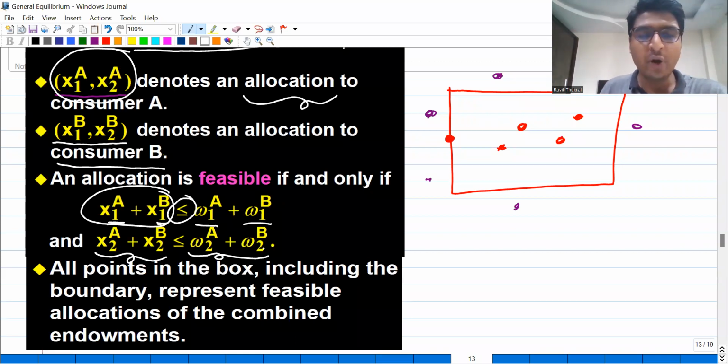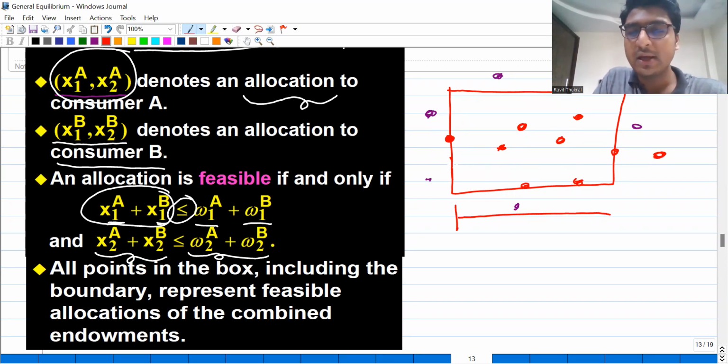Okay, so any point inside or on this Edgeworth box is feasible. आप बाहर जाओगे, that means you are crossing the endowment, okay, which is not possible. So it simply means if there are 8 units of good one in this economy, this point may represent 10 units of good one, okay.